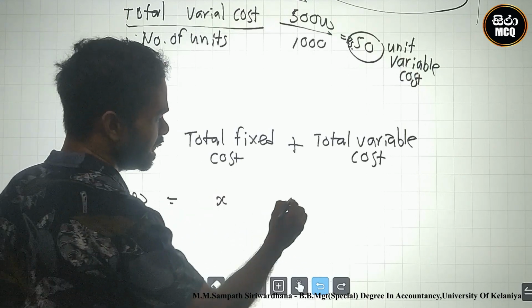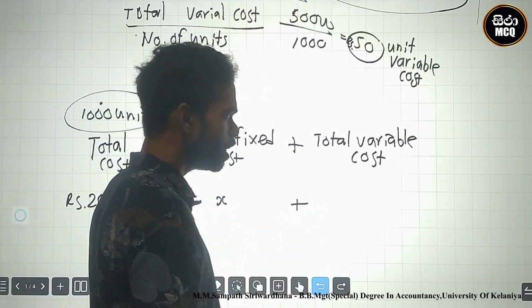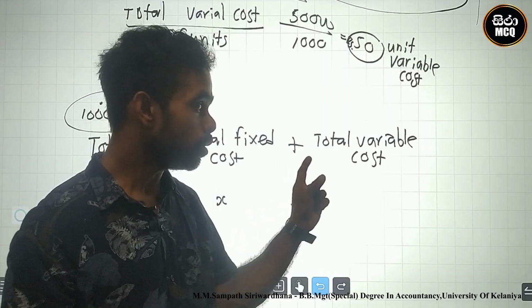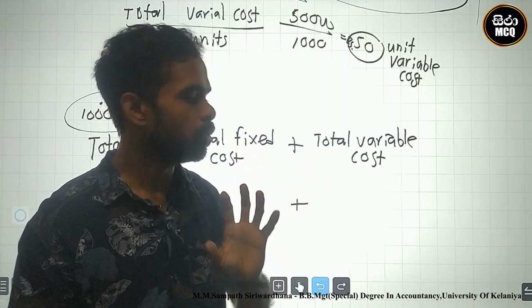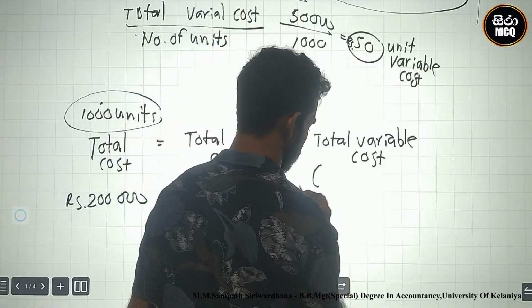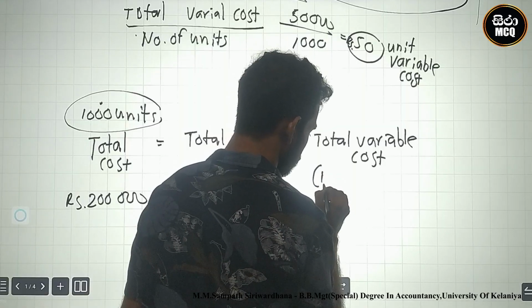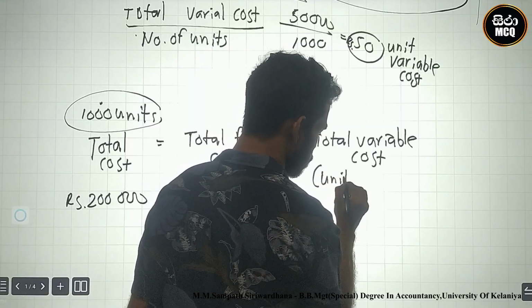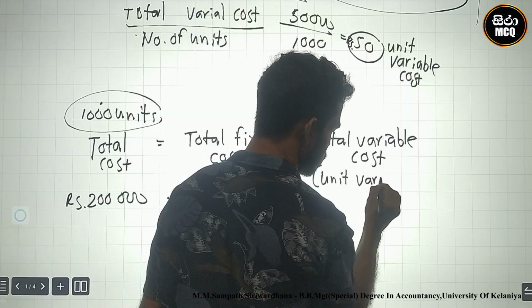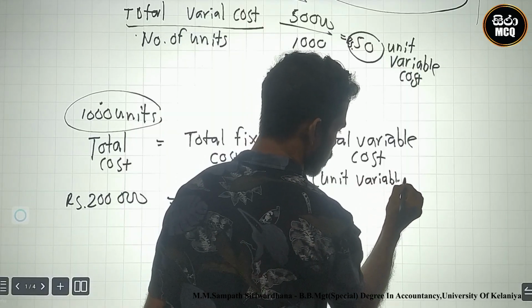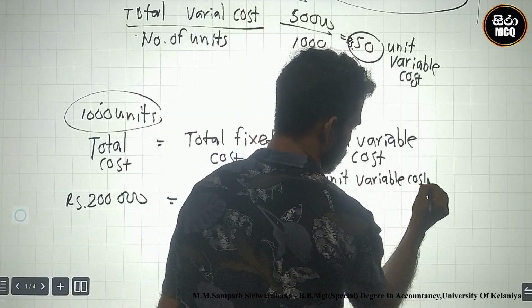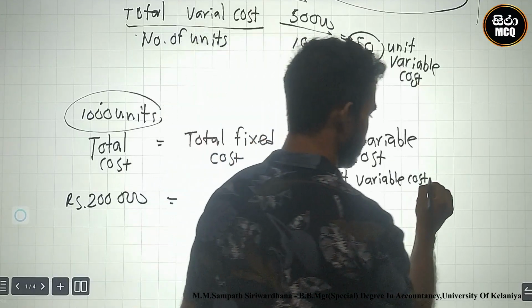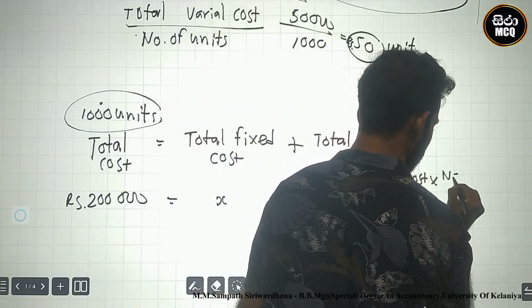We find the total fixed cost; I use X. Total variable cost, how can we find it? Total variable cost is unit variable cost multiplied by number of units.